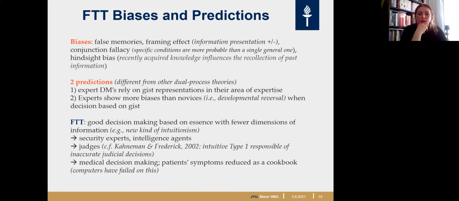So this FTT is one example of highlighting how decisions from descriptions and from experience can be understood, and how this is in contradiction to the more traditional dual process theories.